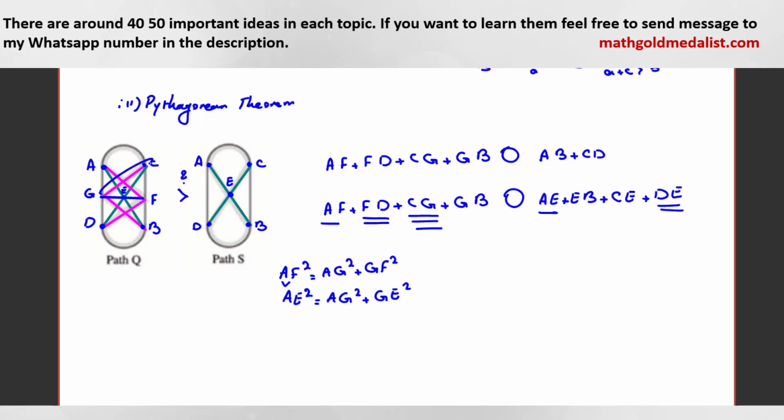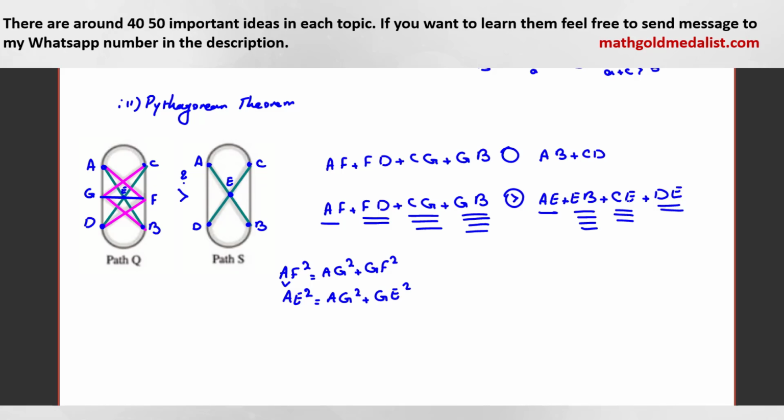CG is greater than what? It's greater than CE. And last part, GB is greater than what? GB is greater than EB. So 1, 2, 3, 4. So if you consider each term with corresponding terms, you can say that this part, the left hand side, is greater than the right hand side.